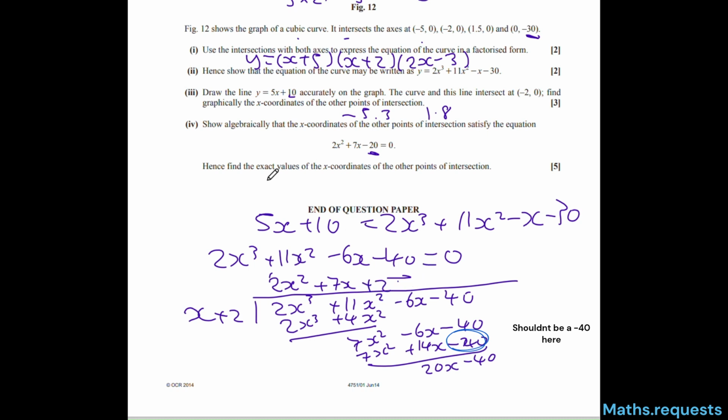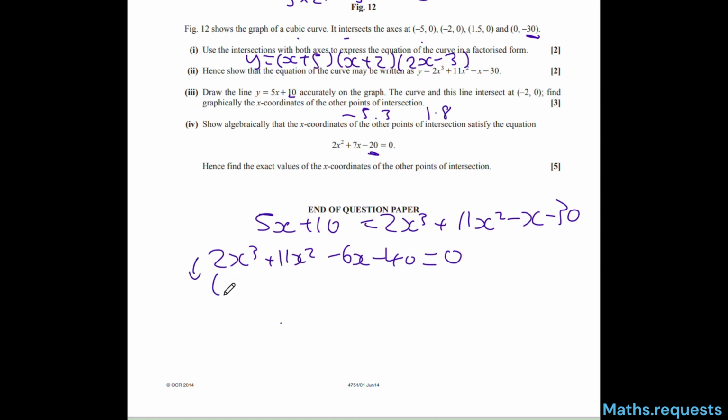So then we'll add minus 20, and that gets us a remainder of 0. So therefore this cubic can be factorized into (x plus 2)(2x squared plus 7x minus 20) equals 0.